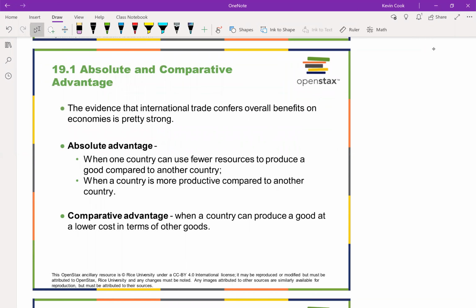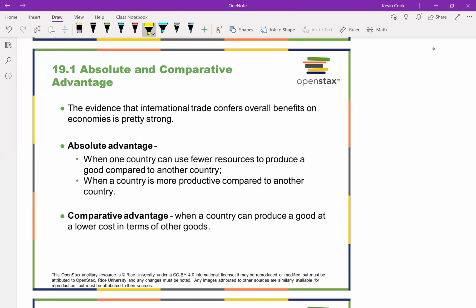So when we think about two countries, we have these two types of advantage called absolute and comparative, and we talked about them before. Last time we referenced them, we used an example of myself and a professional NBA player doing a 3-point shootout and a 100-meter dash.